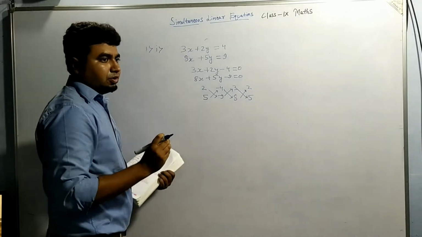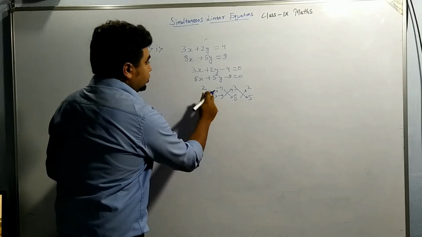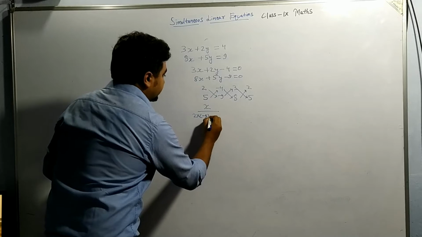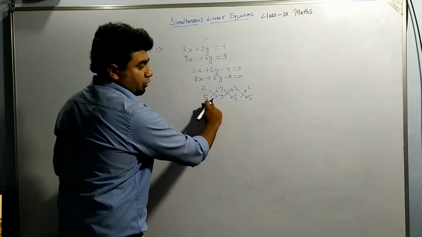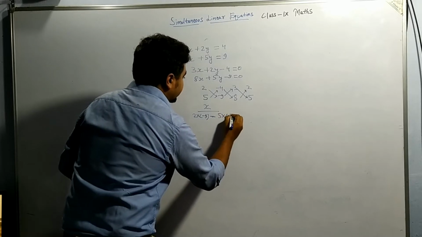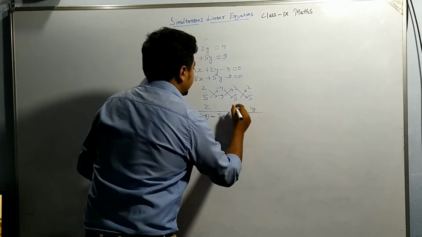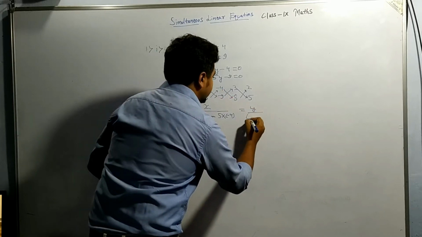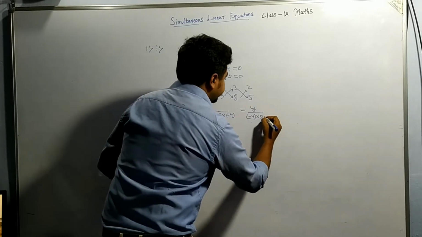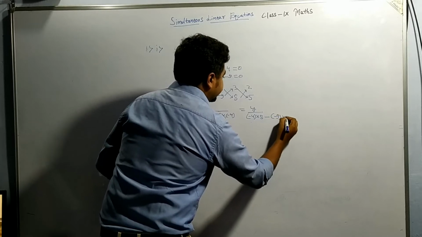So we are solving it by cross multiplication. First of all, I will write x by 2 into minus 9, then I have to put a minus sign, because the top arrow means minus sign, then 5 into minus 4. Then y by minus 4 into 8, and then minus of minus 9 into 3.